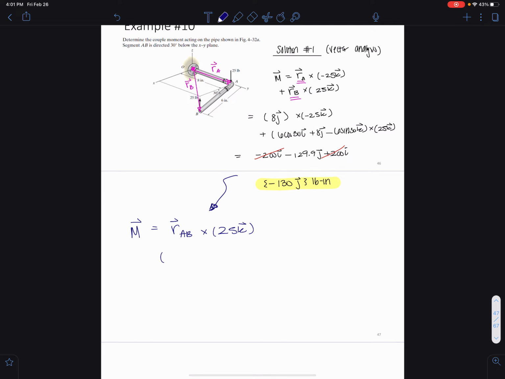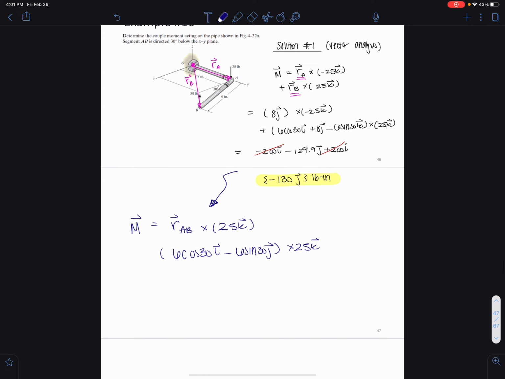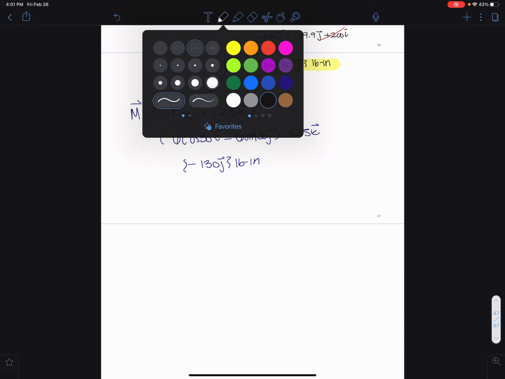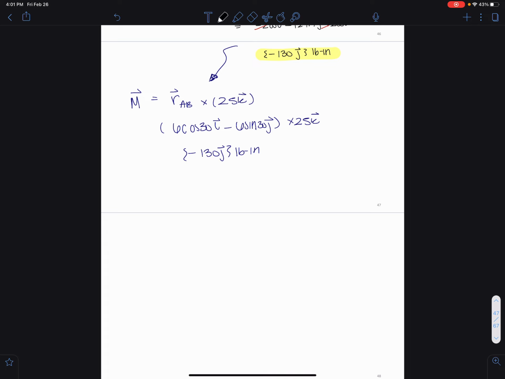So I would say my RAB is actually 6 cosine 30 in the I minus 6 sine 30 in the J. So that's the direction from A to B, cross 25K, and I end up getting the negative 130 in the J, pound inches. So I still get the same answer. That's another option there. That's still with vector analysis. Okay. The third solution I want to show you guys is scalar analysis.